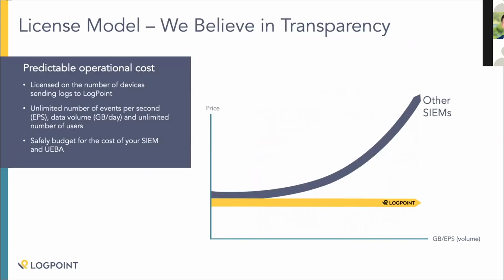One other thing that is always a concern with any new software solution, especially when we're talking about managing vast volumes of data, is the licensing model. Most solutions on the market today are licensed on EPS, or events per second. What this means is the more data you send to the technology, the more costly the solution becomes. This has a few challenges.